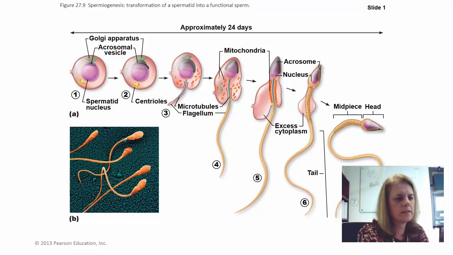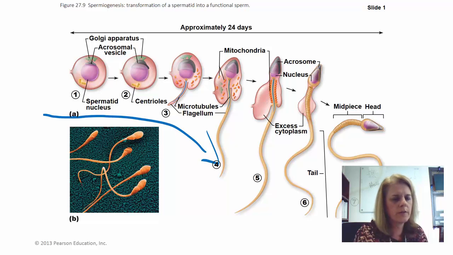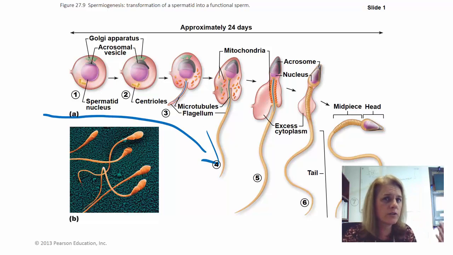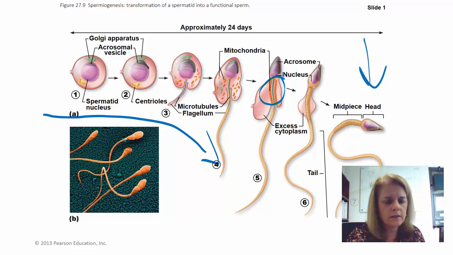As these sperm go through their development, they shed everything. They get rid of their cytoplasm and their Golgi and their ER and all that stuff. They just hold on to their mitochondria so they can make ATP, and they hold on to their DNA. What I need you to know for the lab portion of the test is that where the mitochondria aggregate, we call that the midpiece.